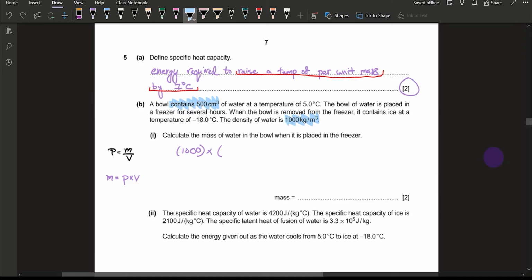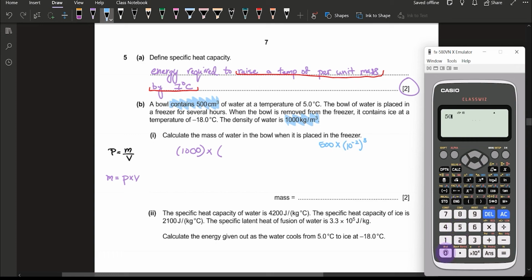Note that this volume is in centimeter cube, so we have to convert this into meter cube. So how do we convert this into meter cube? We multiply this by 10 raised to the power minus 2 and then cube this to convert this into meter cube. So we take out our calculator, which is going to give us our answer for this part, and it's going to be 5 times 10 raised to the power minus 4.